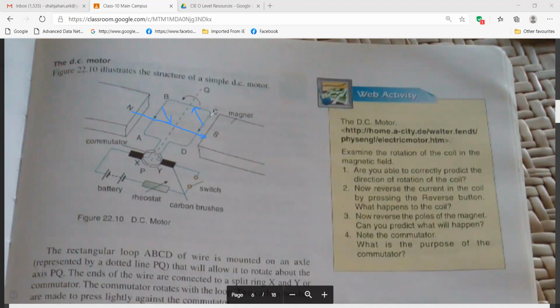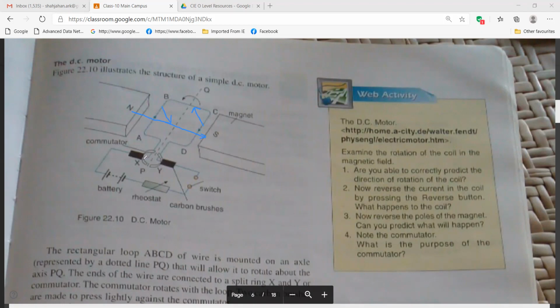And CD is connected with this ring, this Y part, and AB is connected to the ring, here, X part. Okay, so what will happen if it is rotating? This part Y will go to this side, isn't it?